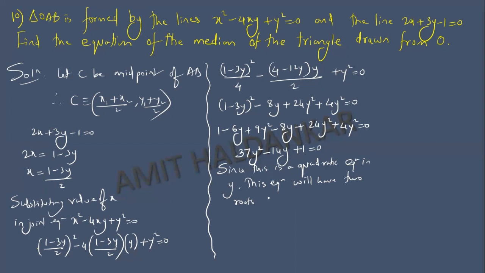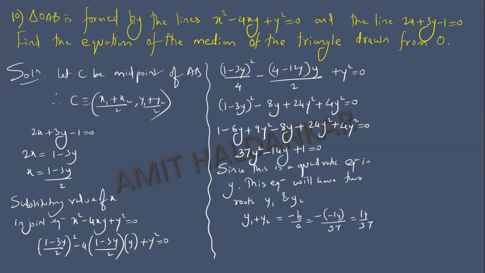So let's say two roots y1 and y2. Now I use the concept of sum of the roots and product of the roots. So the sum of the roots y1 plus y2 is minus b by a, that is minus b upon a, which is minus of minus 14 upon 37, which is 14 by 37.